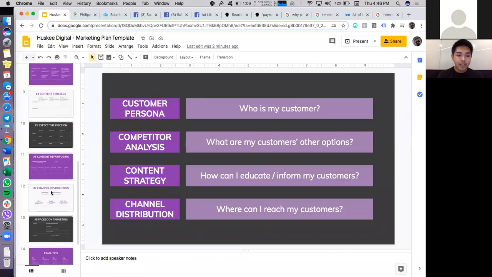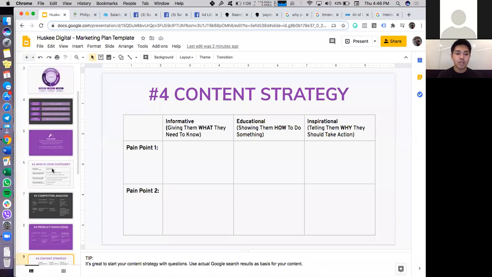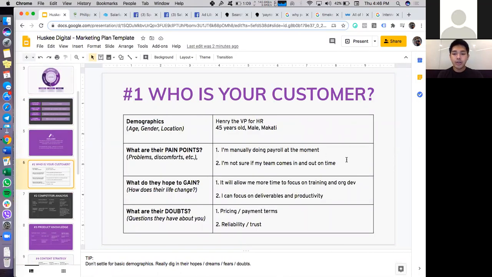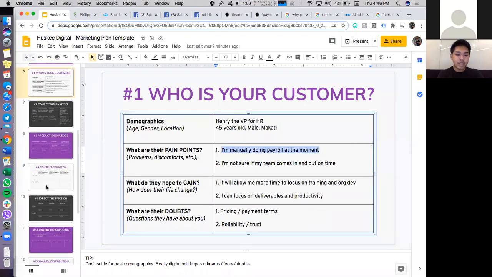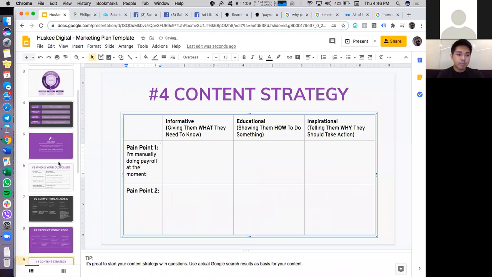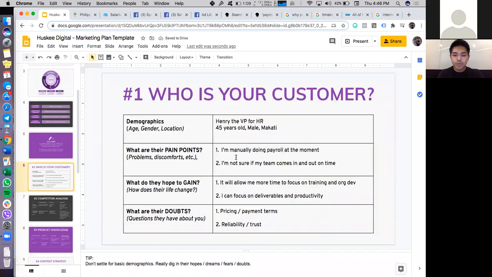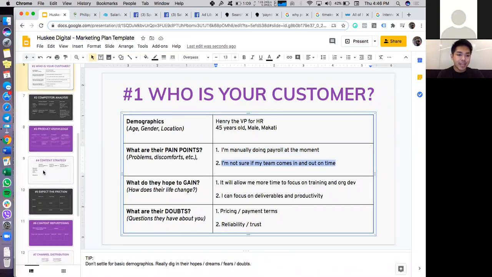Now, if you caught that, you'll see that I had listed down here what your pain point 1 and 2 is. So all you have to do is go back to your earlier slide and copy whatever that was. For pain point 1, it's manually doing payroll, and for number 2, it's I'm not sure if my team comes in and out of time.